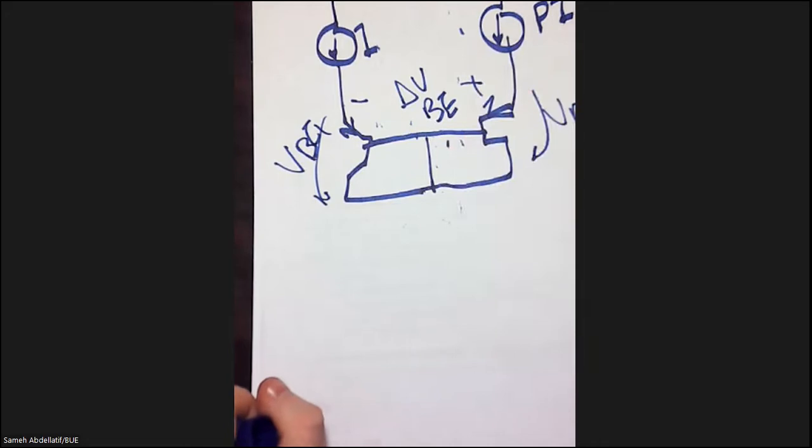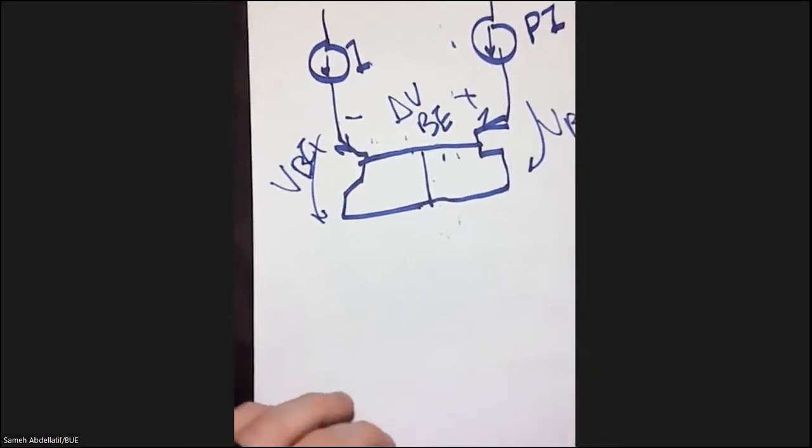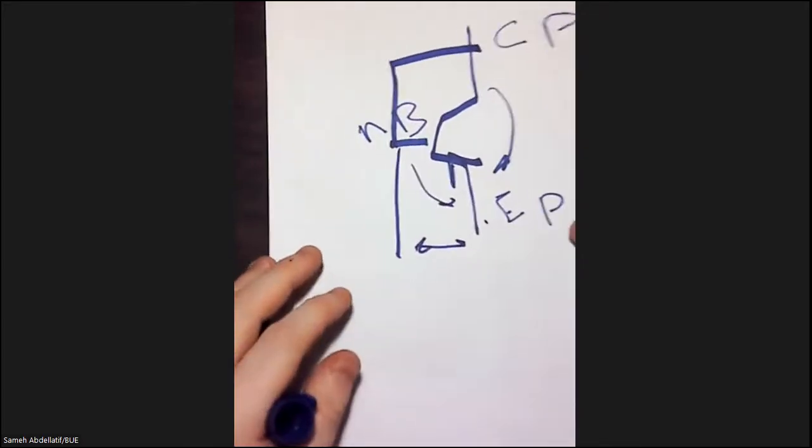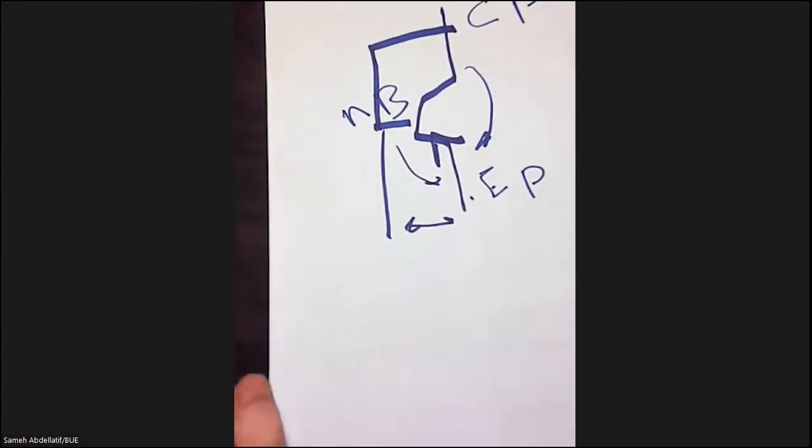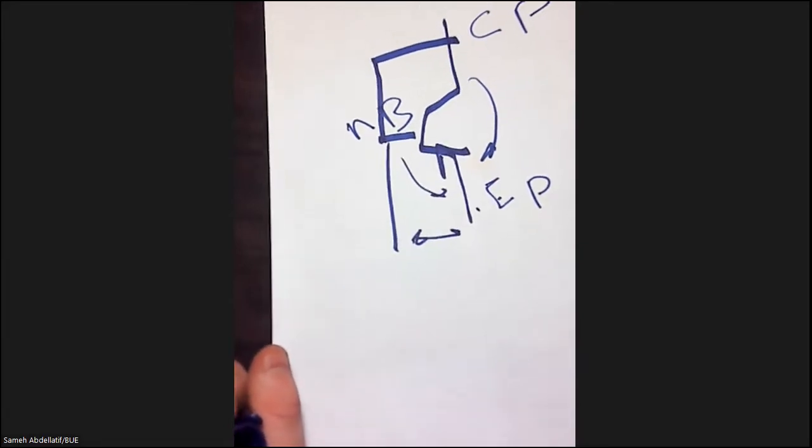Okay, so before going to this schematic, let me make something different. Now we have agreed that this structure should behave like a diode. This is what we agree on.